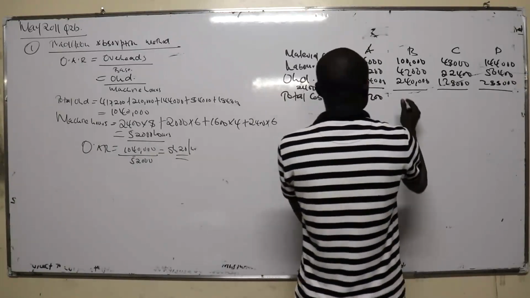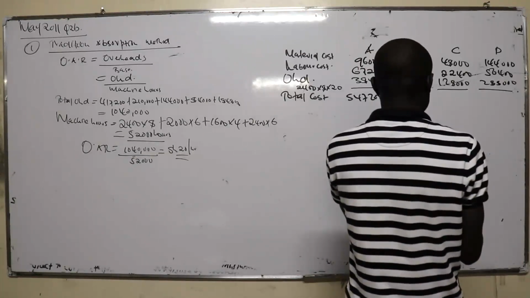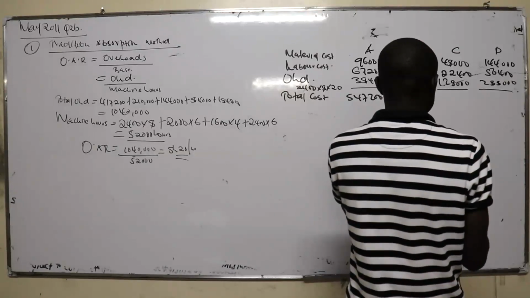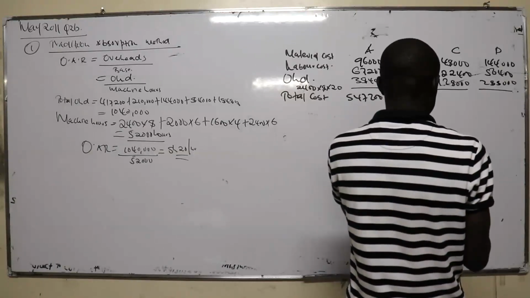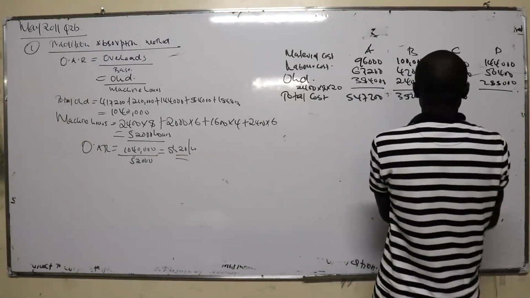So this one is going to be 382,000. So this is 198,400.